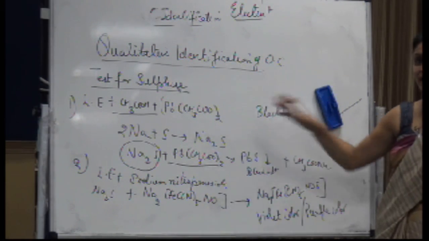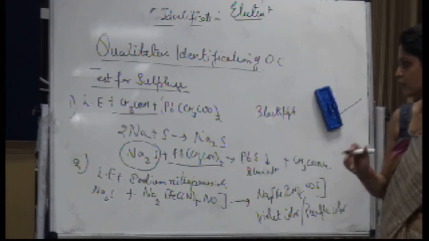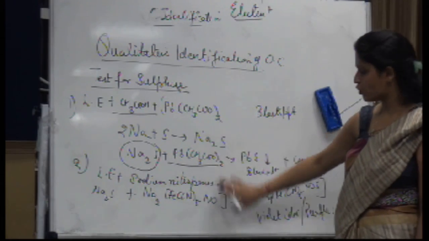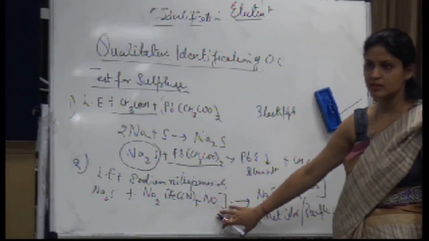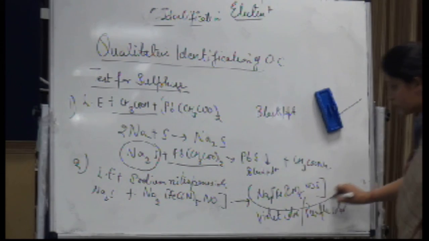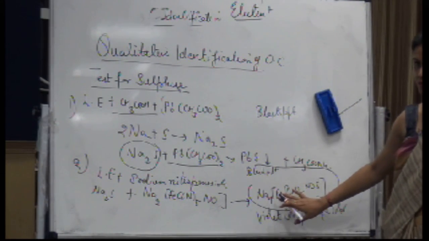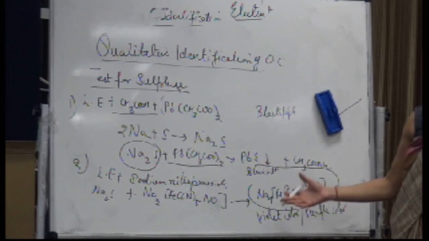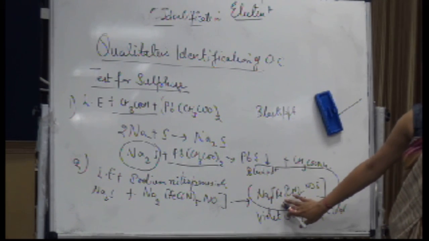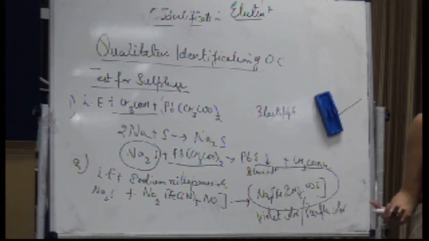So basically there are two tests for sulfur, either by adding lead acetate or by adding sodium nitroprusside. Again, this compound formation is very important. They could ask you what is the formula of the compound which is responsible for the violet or purple coloration in the sulfur test.